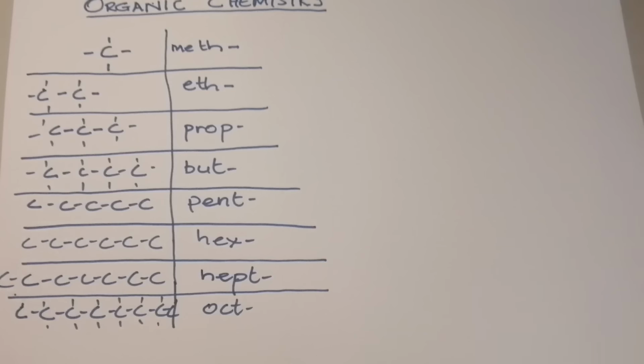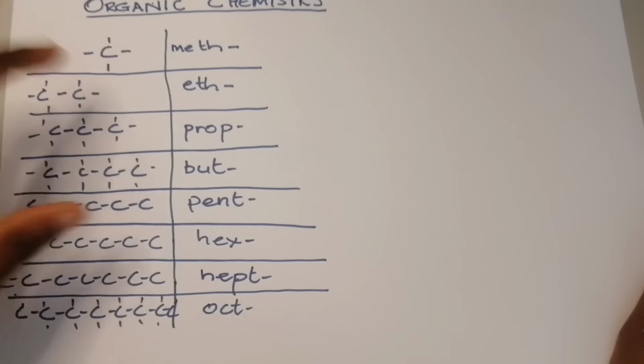So what we're simply saying is that when you're going to name in organic chemistry, you must first of all know these prefixes. Now, there's no way that I can learn this for you. You have to know it for yourself, right?